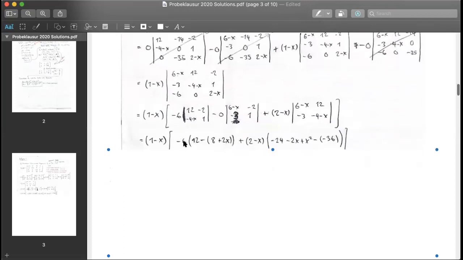It's minus 6 times the product of this, which is 12, minus the product of this diagonal, which is a plus 2x, plus the 2 minus x comes down here, and it's the product of this, which is minus 24 minus 2x plus x squared, minus the product of this diagonal, which is minus 36.